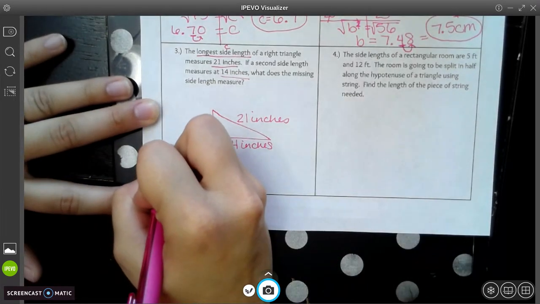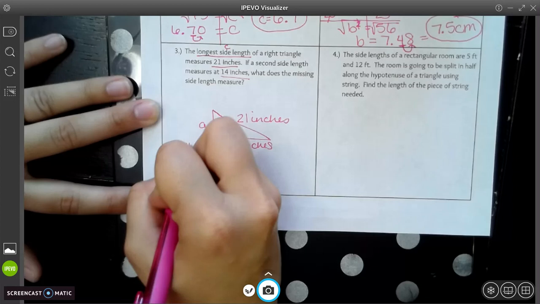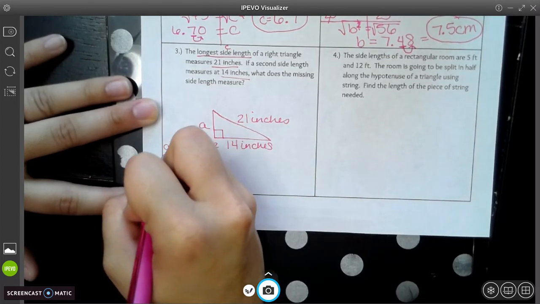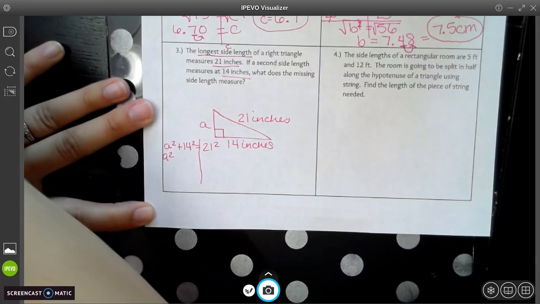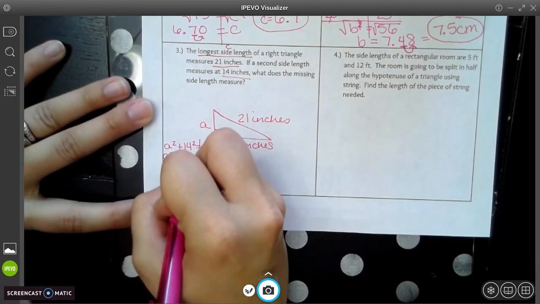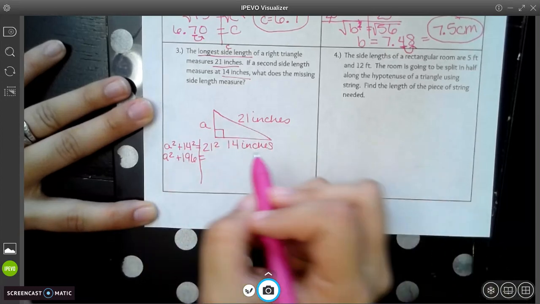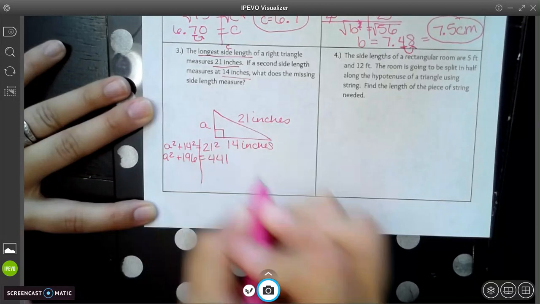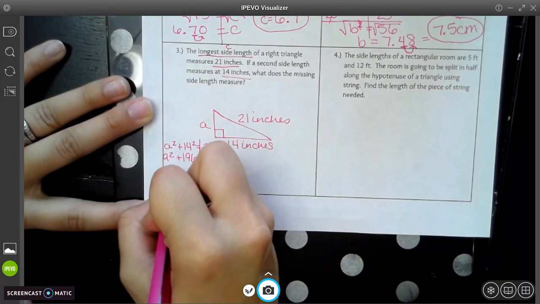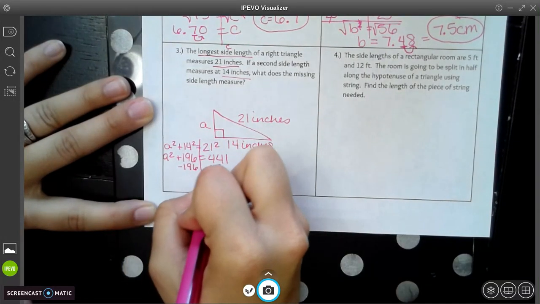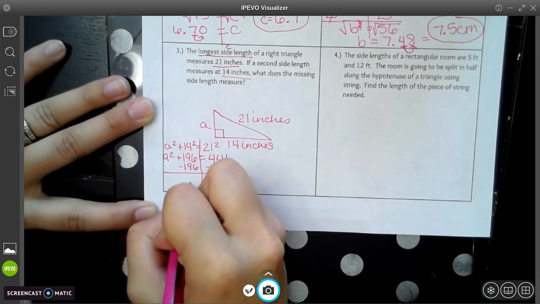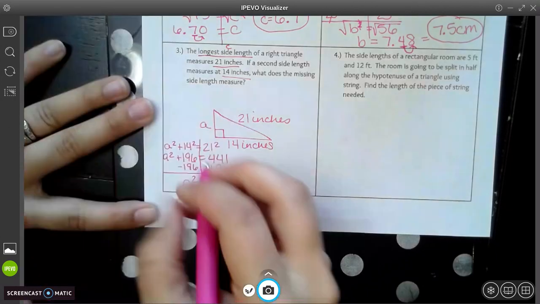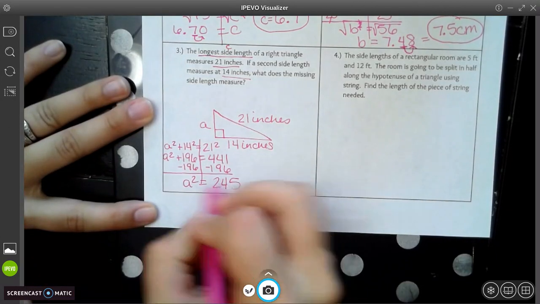So we use our formula, a squared plus 14 squared equals 21 squared. 14 squared is 196. 21 squared is 441. Have to subtract the 196 to the other side. Get 245.